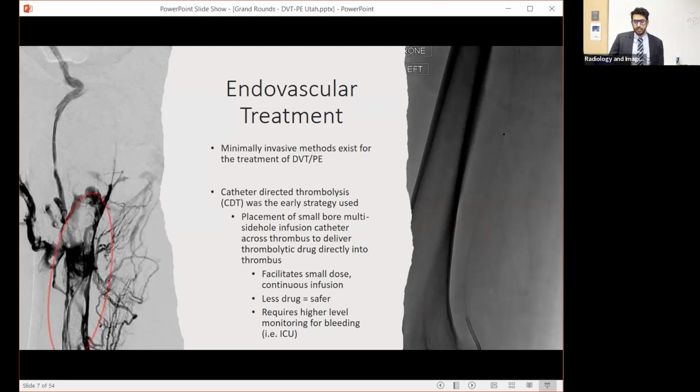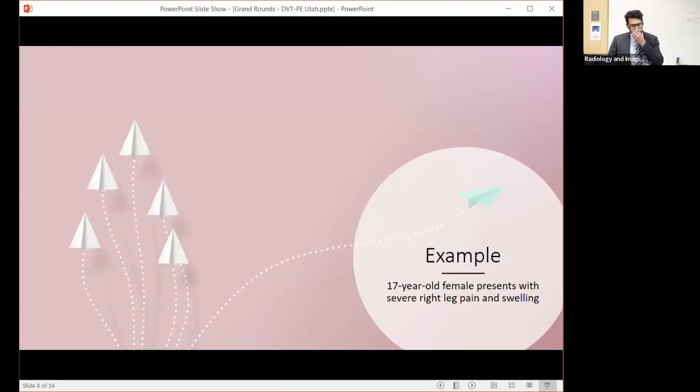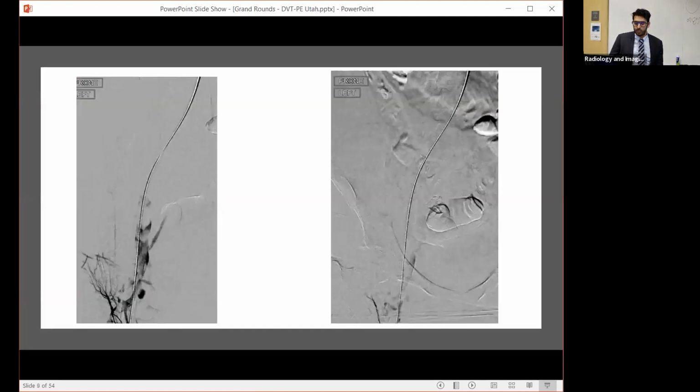As you can see here, here's a venogram. This shows a large clot inside the vein. This is a pretty quick procedure. You can essentially place an infusion catheter and drip the TPA across it. Here's an example of what that looks like. This is a 17-year-old female who presented with severe right leg pain and swelling.